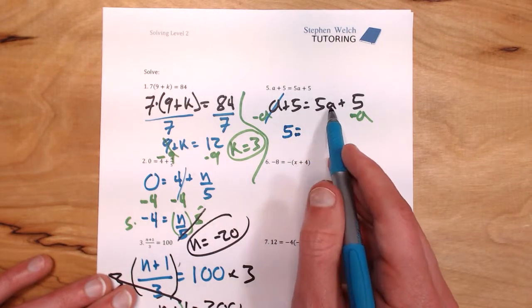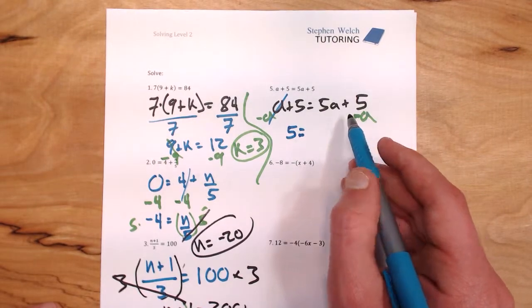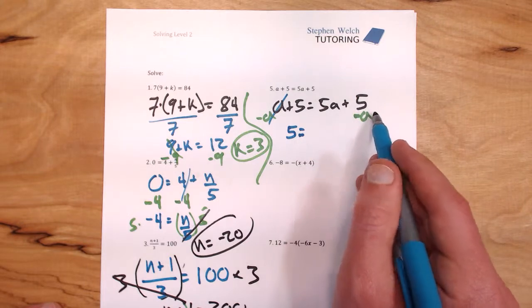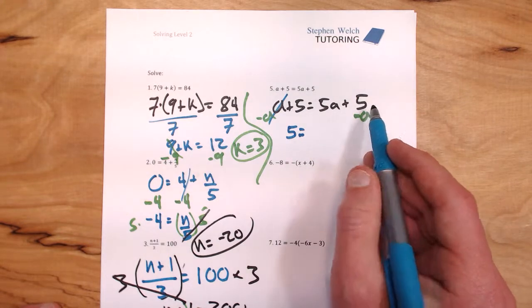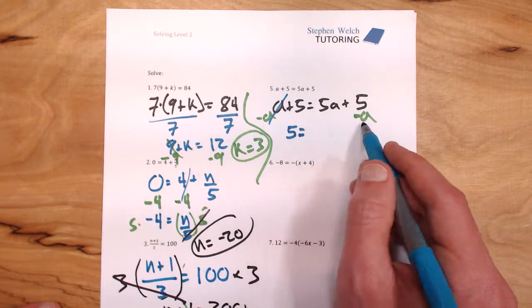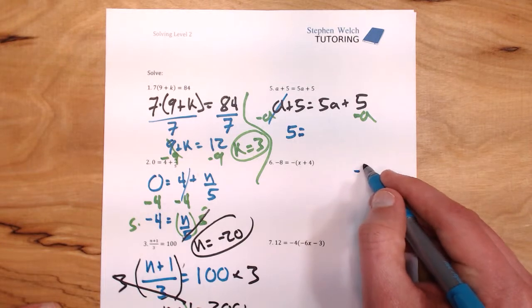Now, let me just back up for 1 second here. So this a is only going to combine with this term because they're like terms. A's and 5s don't really play together because they're not like terms. They don't have the same variable, in this case a. What we have here is 5a, and minus a really means minus 1a.